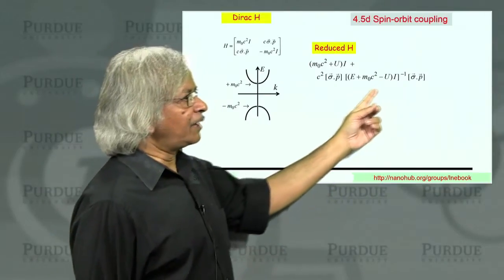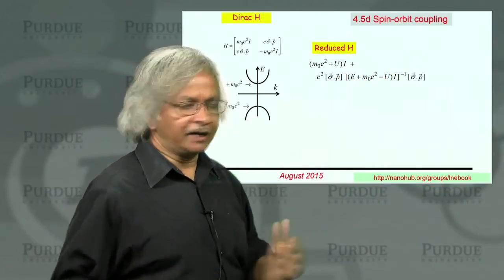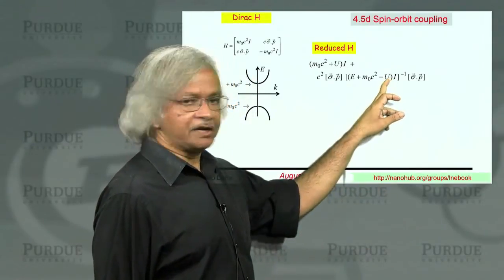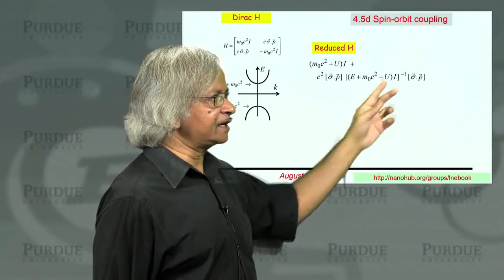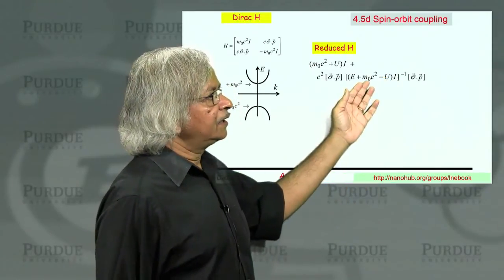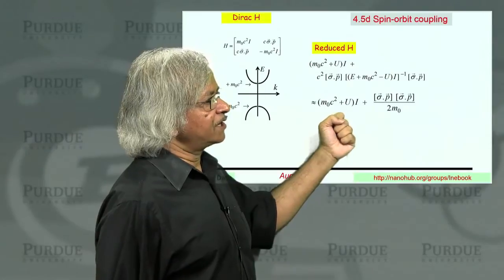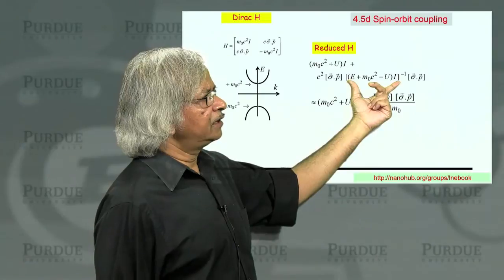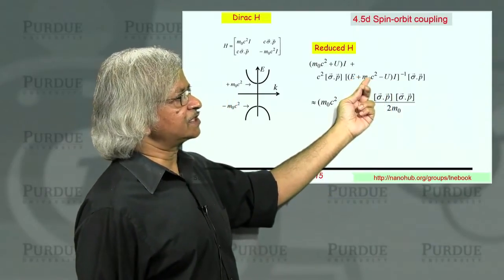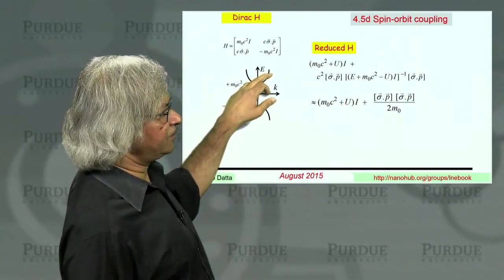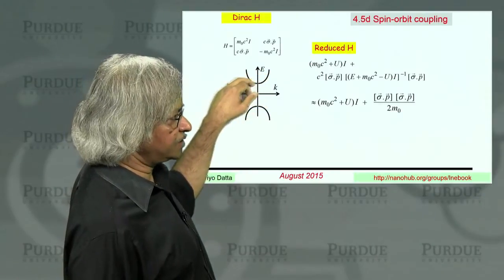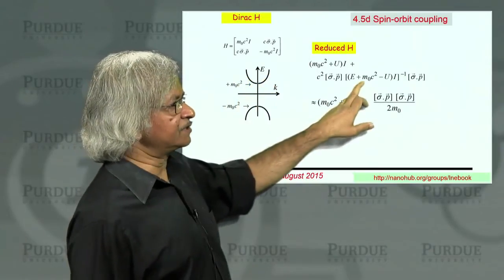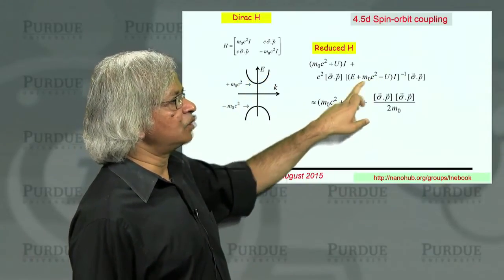Now, this requires some discussion in terms of how to handle it when you have a potential that is varying with energy, varying spatially and so on, because this itself is a matrix. But one approximation we could make is, in this quantity here, we'll replace E with just mc square, with the idea that we are interested in energy levels up here, and that's almost mc square, nearly mc square. If you do that, this becomes 2mc square.